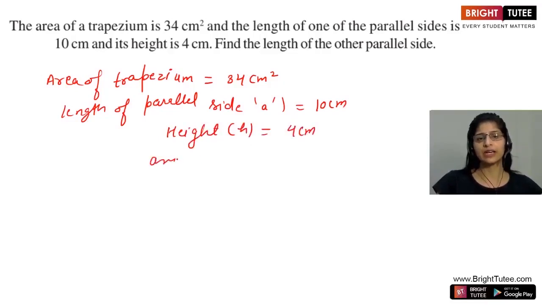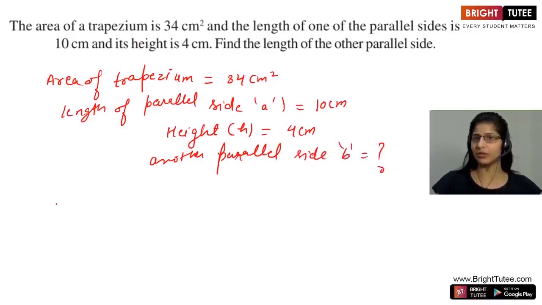We have to find the other parallel side, which we will consider as B. So we have to calculate B. What is the formula for area? The formula for area is H upon 2 multiplied with the sum of parallel sides, and the area is given as 34.